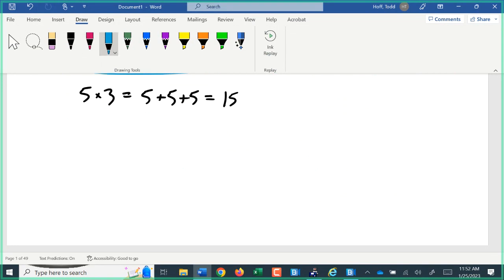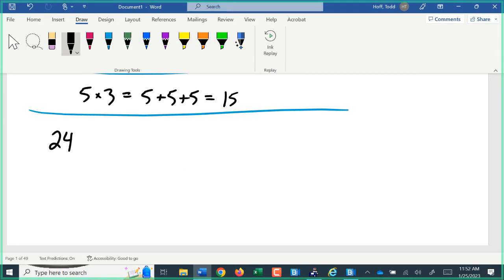Well, we said that division follows the same rules as multiplication. So if multiplication is repeated addition, division should be repeated subtraction. Let's try it. 24 divided by 8. Let's subtract 8 from 24. That gives us 16.